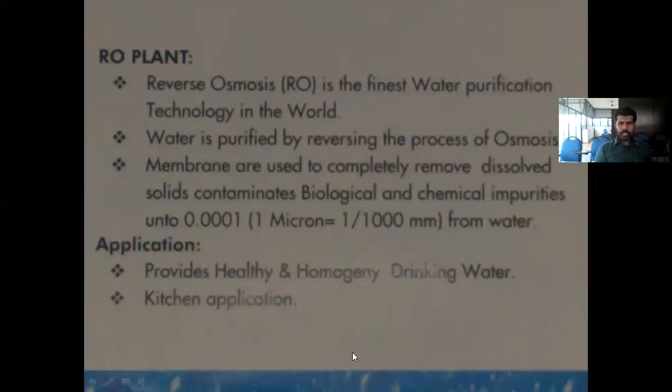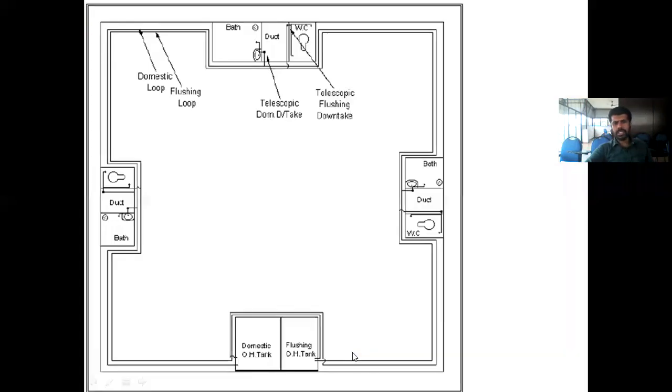Now I will just explain about a loop system. Just imagine this is the terrace, and we have a domestic overhead tank and a flushing tank. So you know what is the purpose of the domestic overhead tank?